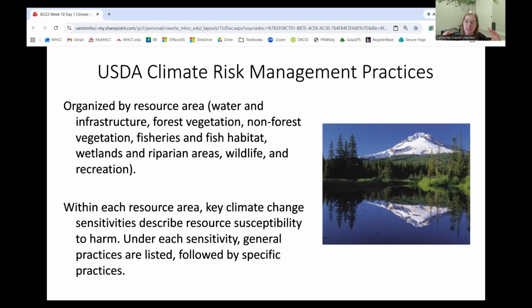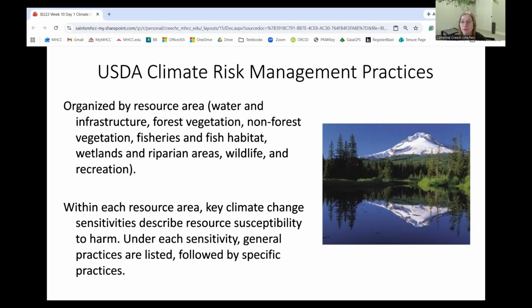And in each of these resource areas, they talk about the climate change sensitivities, they describe what is susceptible to harm, and then they give general practices that can be done and specific practices under those general practices. And these are going to be big ideas, but also really practical.